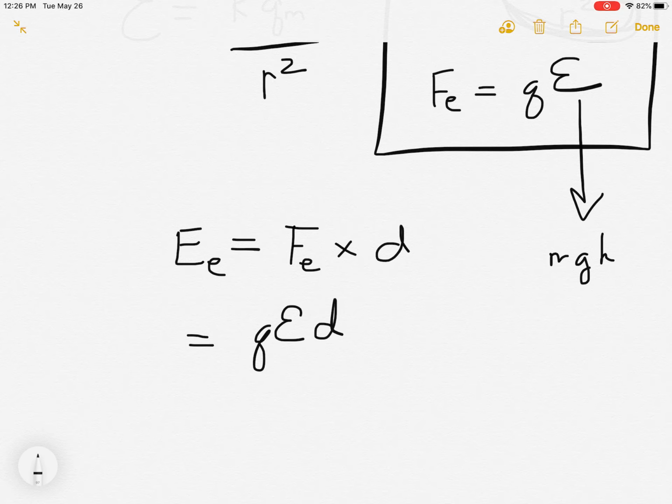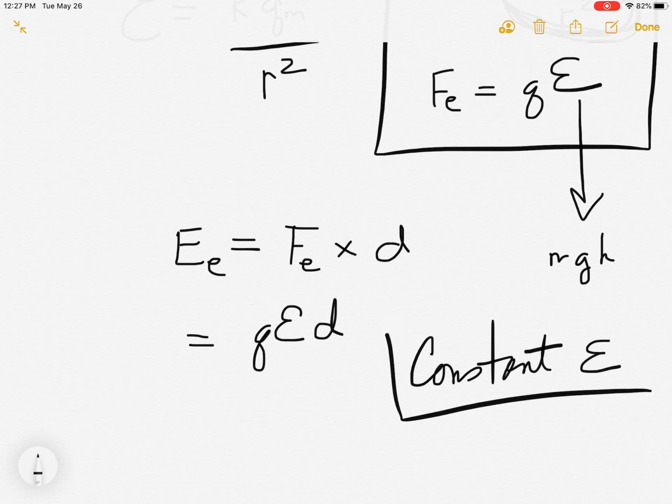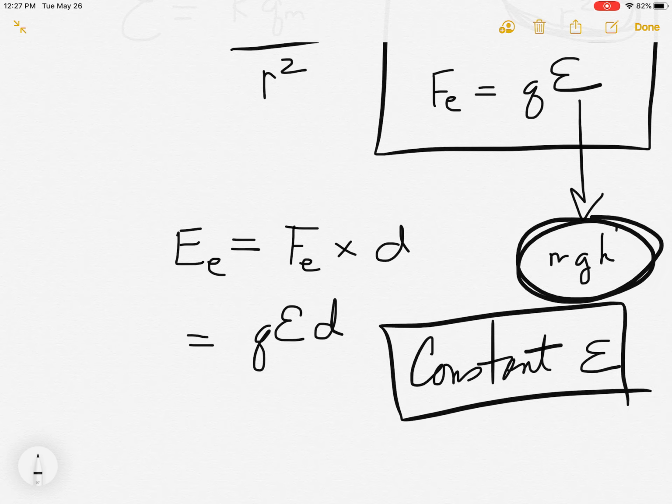Here, what we do is we say QE moved a certain distance d. But of course, this all depends on a constant E, a constant field strength. Just like this mgh only worked with 9.8 for g. You couldn't use some satellite that was further away because g didn't work, and so this was a shortcut for constant g at the Earth's surface, and this is a shortcut for constant field strength.